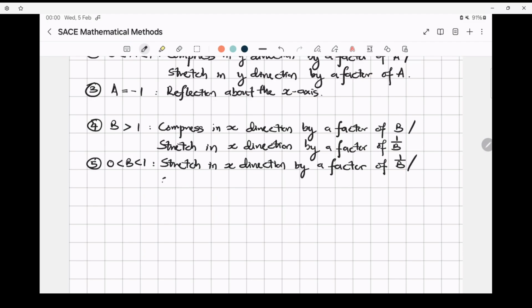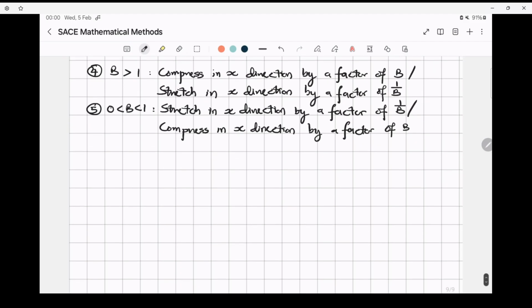Or you can say that this is a compression in x direction by a factor of b. So of course, if b equals -1, then this is a reflection about the y-axis.